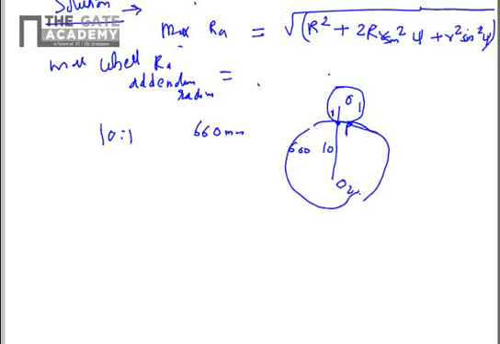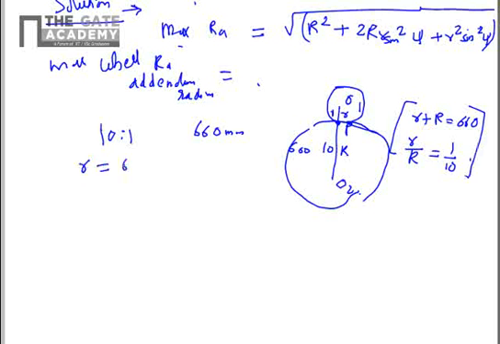From this diagram we have small r and big R. Small r plus big R is equal to 660 mm, and small r by big R is the reduction ratio, given as 1 to 10. If you simplify these two equations, you get r equal to 60 mm and capital R equal to 600 mm.